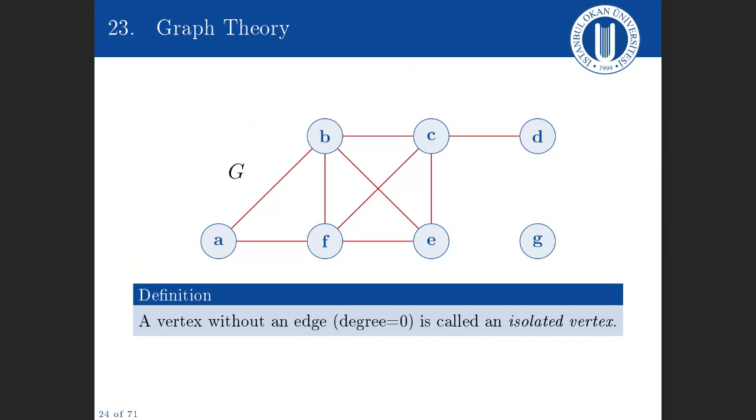A vertex which does not have an edge, in other words, a vertex which has degree equal to 0, is called an isolated vertex. In this picture, vertex G. In this graph, vertex G is an isolated vertex.